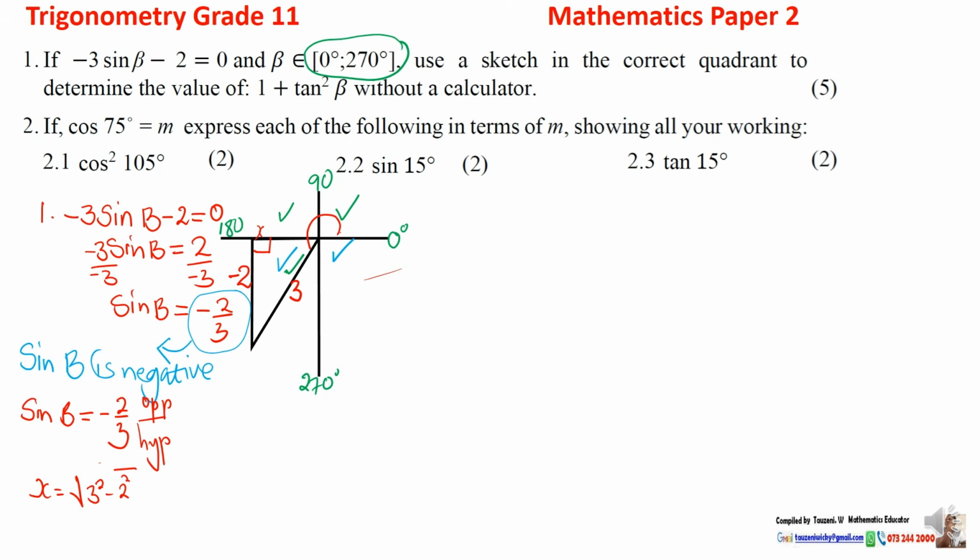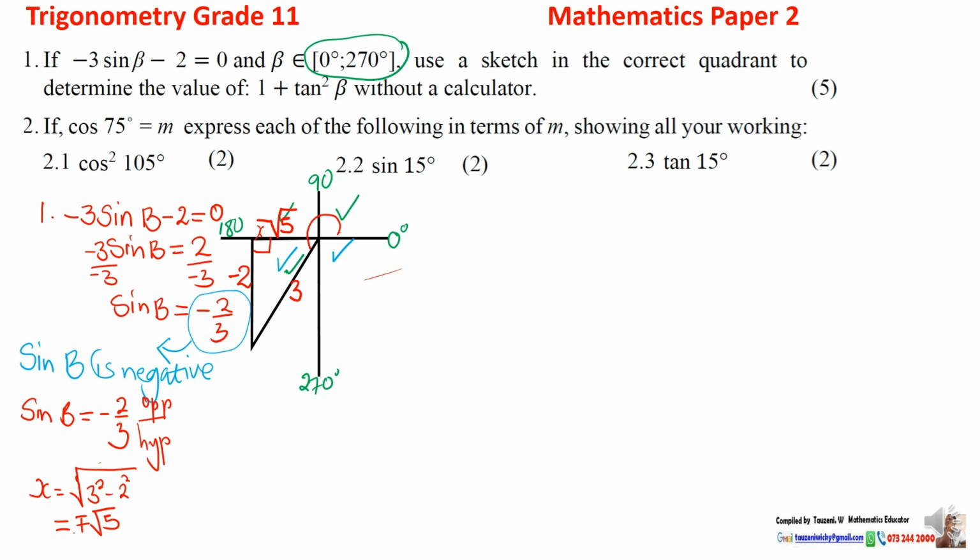This will give me the square root of 9 minus 4. 9 minus 4 is equal to 5. So x is the positive or negative square root of 5. Because this is the negative side of the x-axis, I'm going to use the negative value, negative root 5.